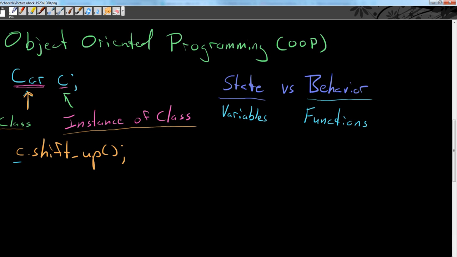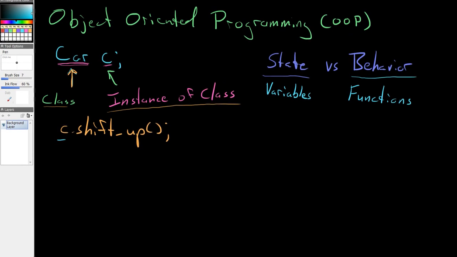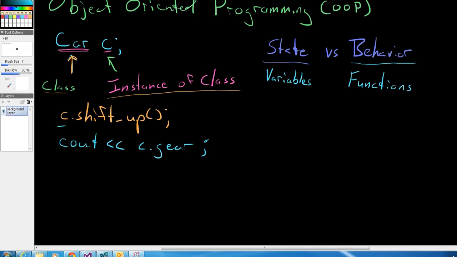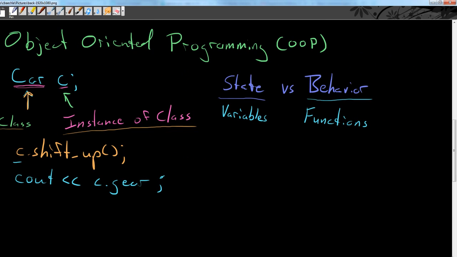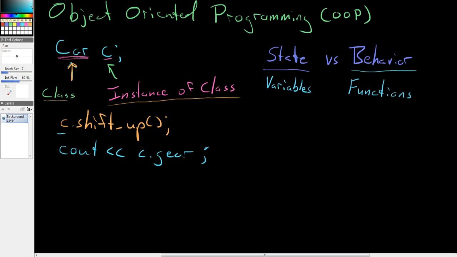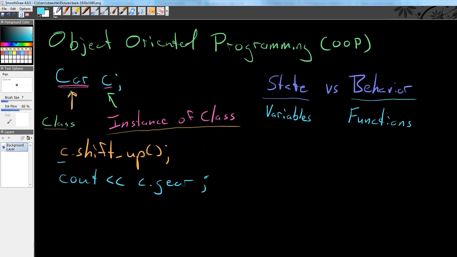So if we were to print C.gear, we would see that it's in a new gear because we've changed the state through behavior. We've called this function shift up on our instance of the class, and now it has a new gear. It doesn't change all cars that ever existed. We're just changing this one specific car. So hopefully that makes some sense.